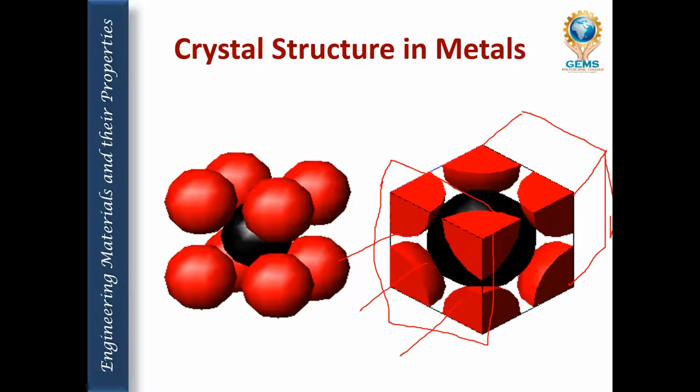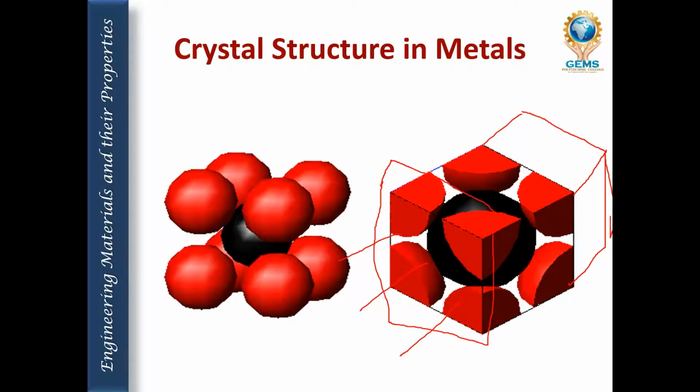The BCC structure has neither a stacking sequence nor stacking faults. Therefore it does not have close packed planes. So its coordination number is 8. The coordination number would be 8.